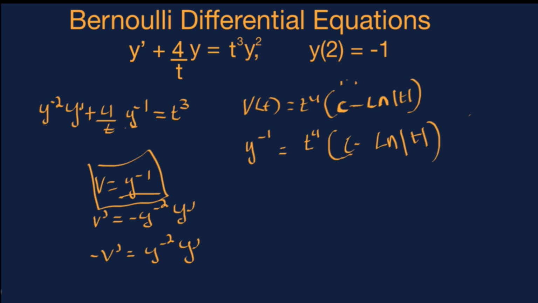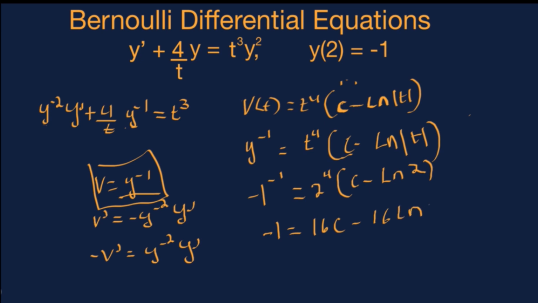When we plug in the value of our initial condition, we get -1 raised to the power of -1 is equal to 2 to the 4th times the unknown constant c minus the natural log of 2, which is -1 is equal to 16c minus 16 times the natural log of 2.